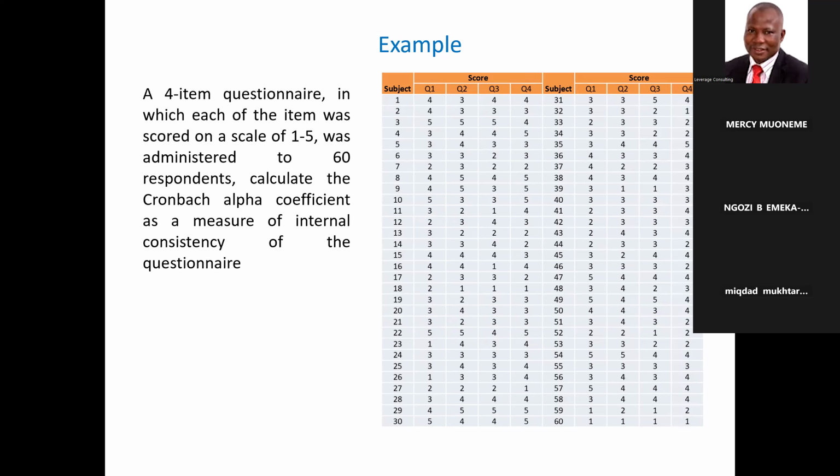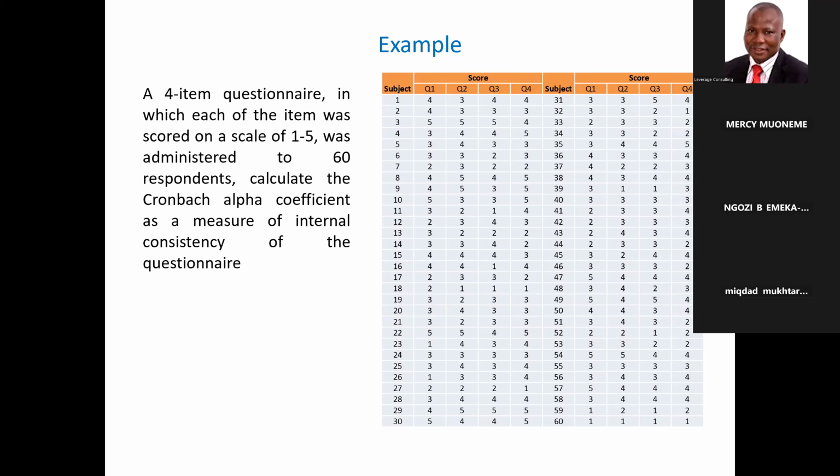So here now: a 4-item questionnaire, each item scored on a scale of 1 to 5, was administered to 60 respondents. Calculate the Cronbach alpha coefficient as a measure of internal consistency of the questionnaire. The original data is from somebody's PhD work that I helped analyze.